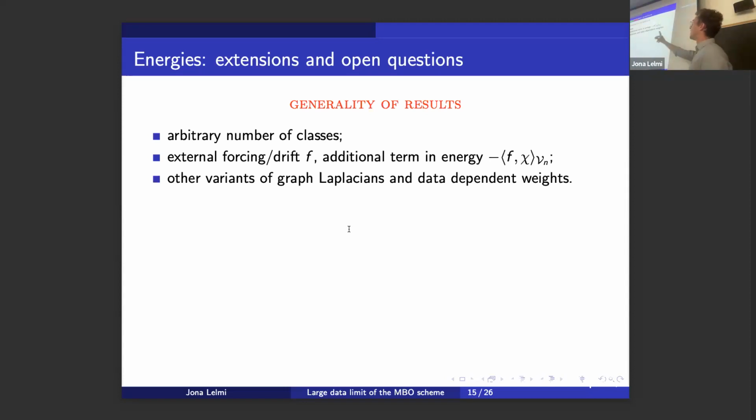We can also extend this analysis to the semi-supervised MBO scheme, because in that case the energy used in the minimizing movement is just the thresholding energy plus this term here, which is linear. And so the gamma convergence still holds true. You can also include other variants of graph Laplacians and data-dependent weights.